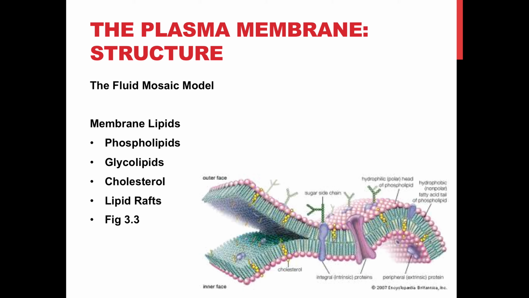Lipid rafts. I'm going to read right out of the book. About 20% of the outer membrane surface contains lipid rafts, dynamic assemblies of saturated phospholipids, associated with unique lipids called sphingolipids. You don't need to know that. And lots of cholesterol. The lipid rafts are more stable and less fluid than the rest of the membrane. That makes sense, right? Because I just told you that cholesterol is rigid.